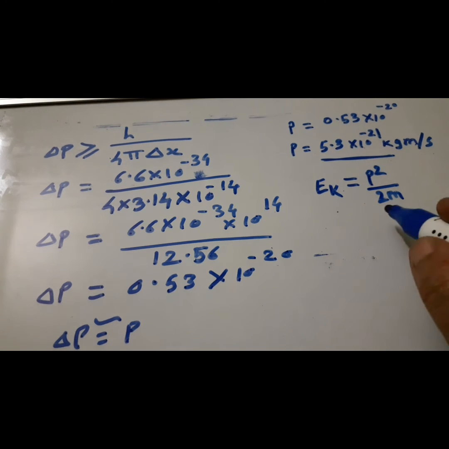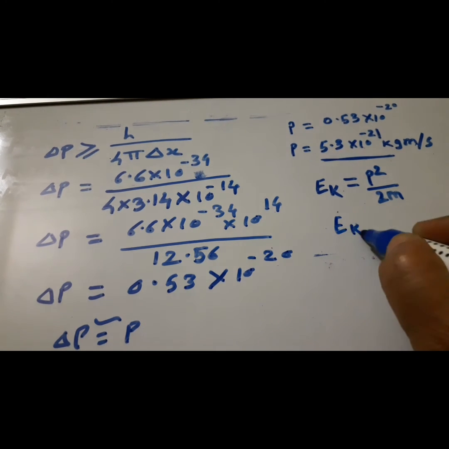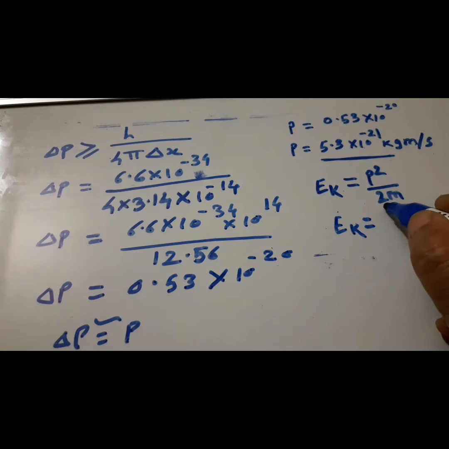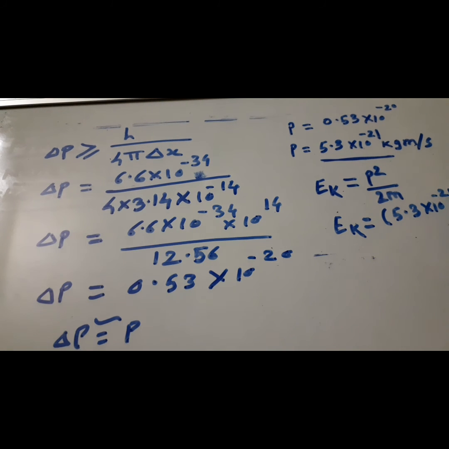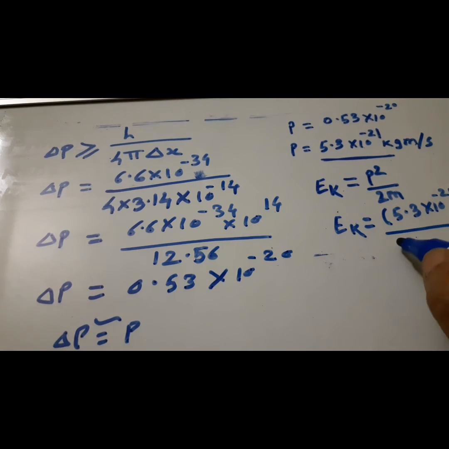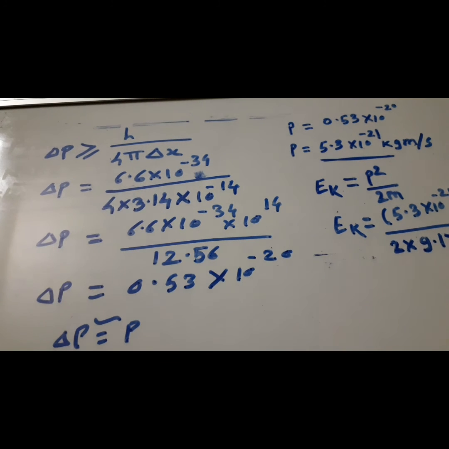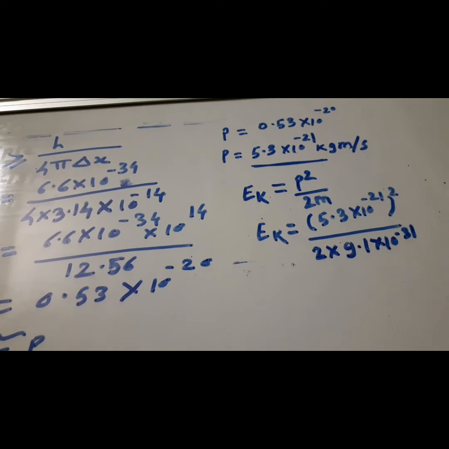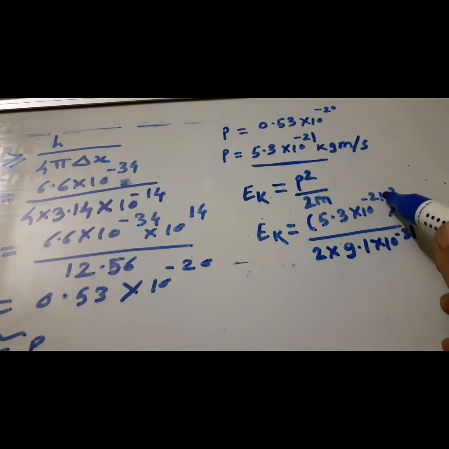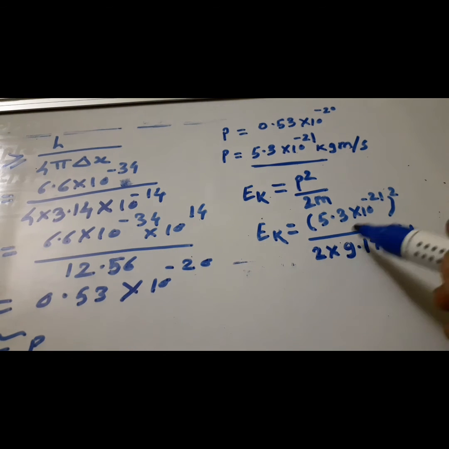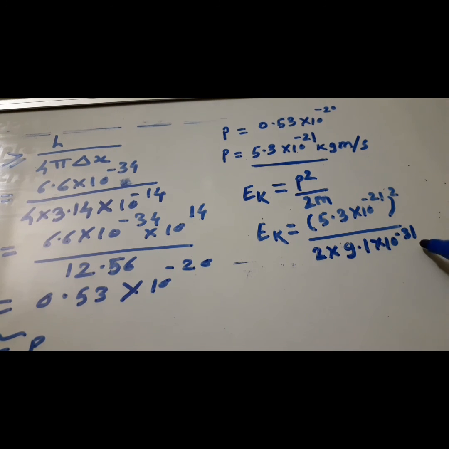Therefore, Ek is equal to p, having the value 5.3 into 10 to the power minus 21, bracket square, divided by 2 into 9.1 into 10 to the power minus 31.